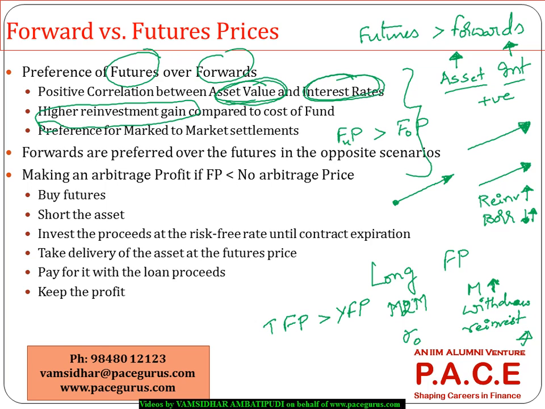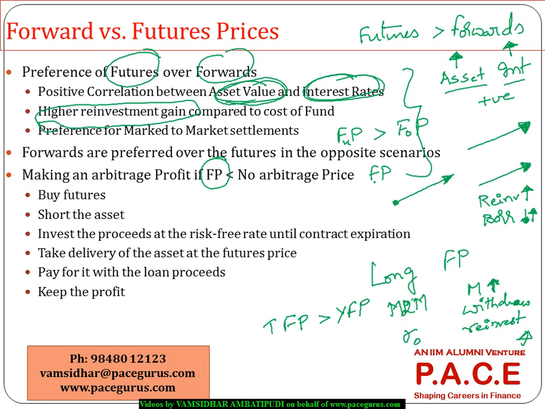So this is one place where we look at a differentiation between forwards and futures, and the preference for futures versus forwards and vice versa. Now, the no arbitrage price is more similar to your forward price itself.